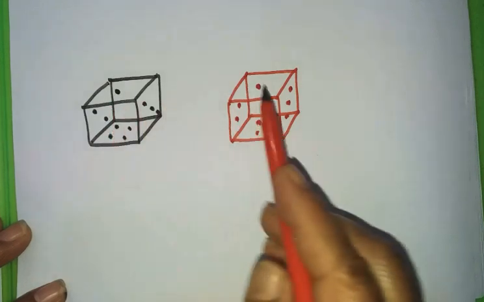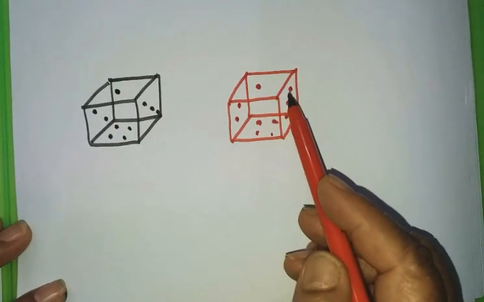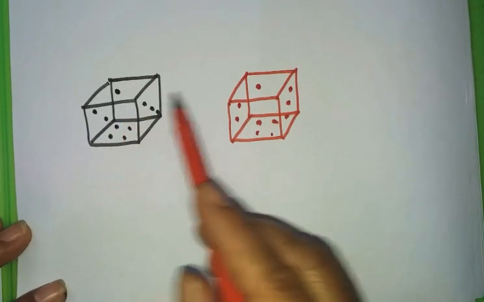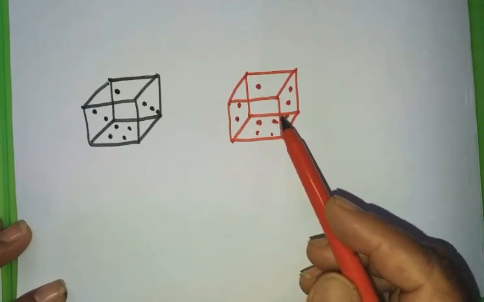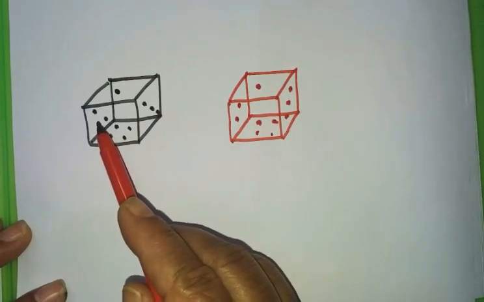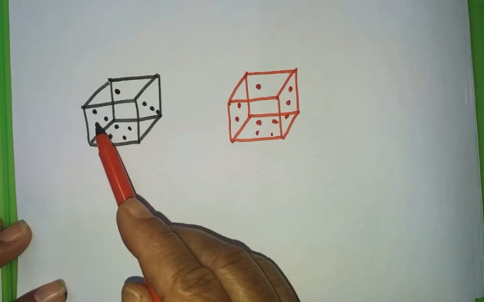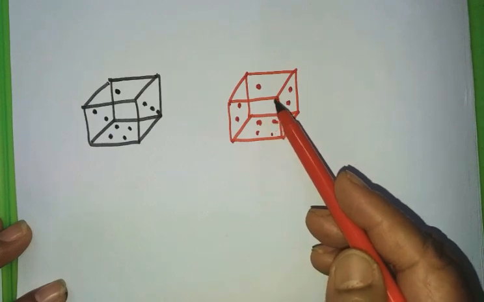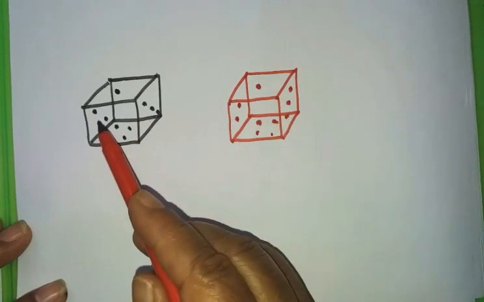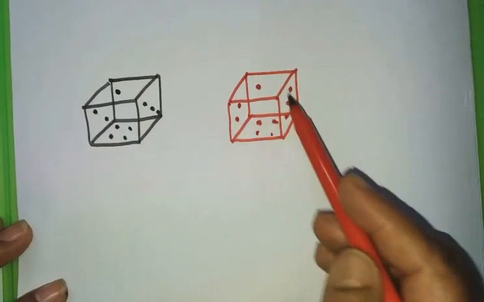With black 1, all the combinations of red can come: red 1, red 2, red 3, red 4, red 5, red 6, anything can come. And if black 2 comes on the black die, then again any red number can come with it. So black 2 is again paired up with any of the 6 numbers.